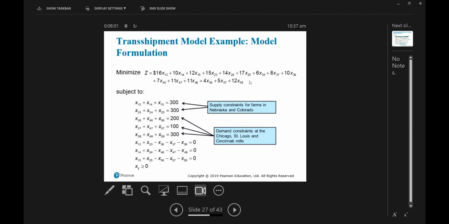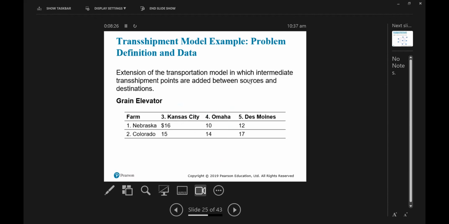Now you see that this way, the objective function has to cut across movement of the goods from the source to the transshipment, and from the transshipment to the destination. So the new items have just been added from this table. This will be X1,3. Get that nomenclature right.